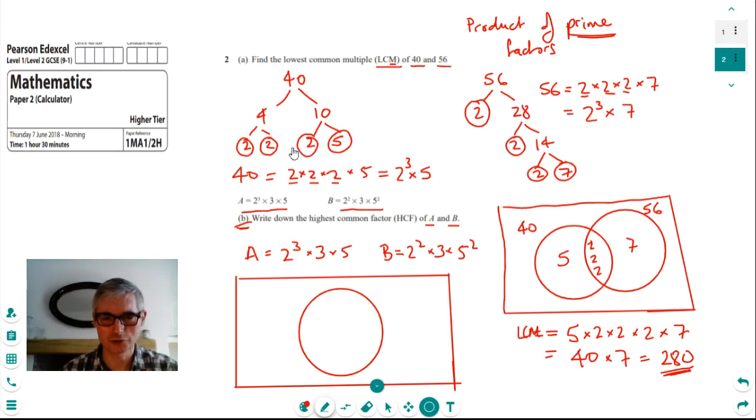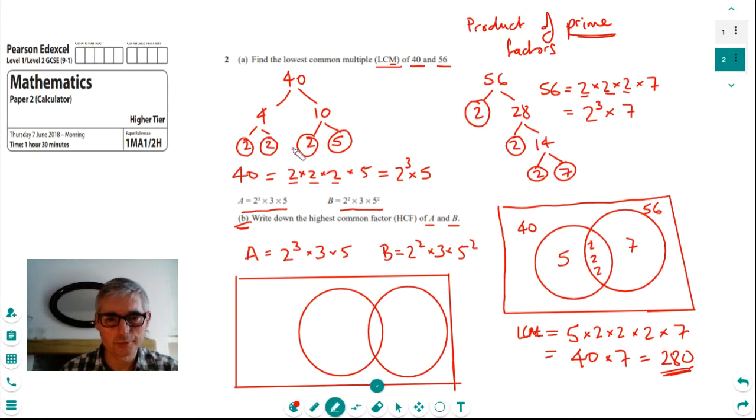There's my first circle and my second one, so we can do this a bit better. There we go. Right, so this is A and this is B, and we're going to follow a similar process.